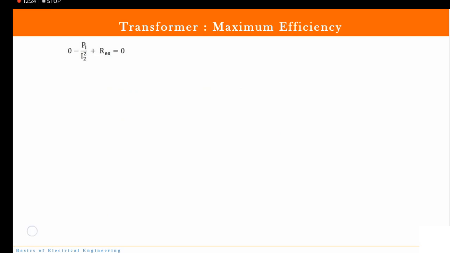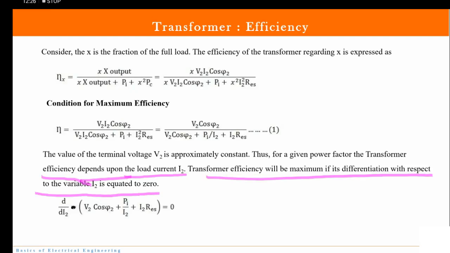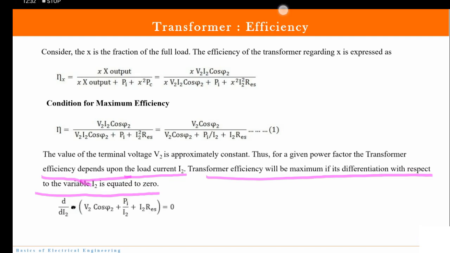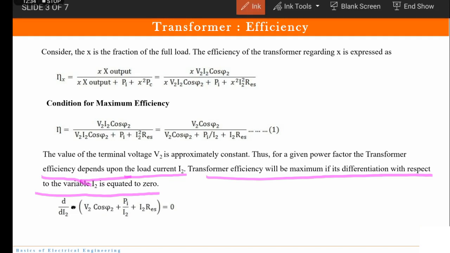So if you see, this is constant. So differentiation of this is going to be 0. Here we have I2 in the denominator, so differentiation would be minus 1 upon I2 square.